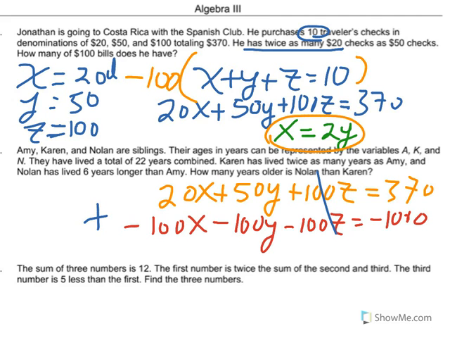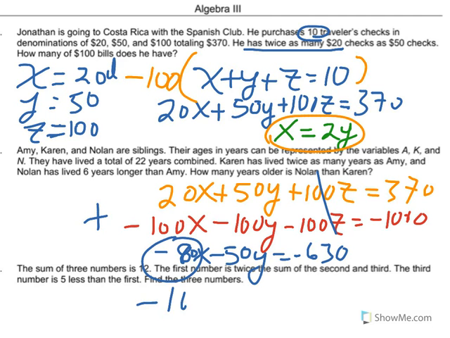That'll give me negative 80X minus 50Y equals negative 630. Now that I know X is equal to 2Y, I'll let X equal 2Y, which gives me negative 160Y minus 50Y equals negative 630.